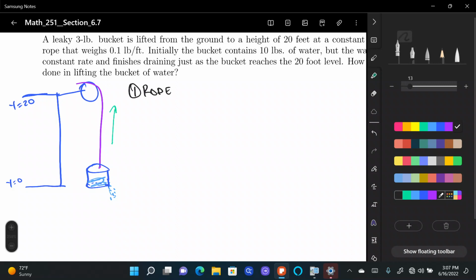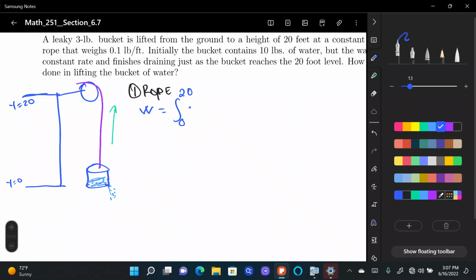For the rope, in this case I'm going to skip the deltas and all that. I'm just going to write the integral. Just comparing with the previous problem, we want to take the rope from the bottom all the way to the top of 20 feet.